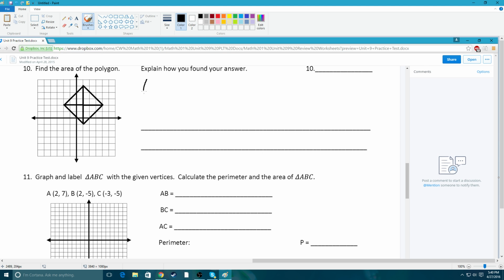So the first diagonal is 6. The next one is 1, 2, 3, 4, 5, 6. So also 6. So 6 times 6 divided by 2 would be 36 over 2. Comes out to 18 units squared.